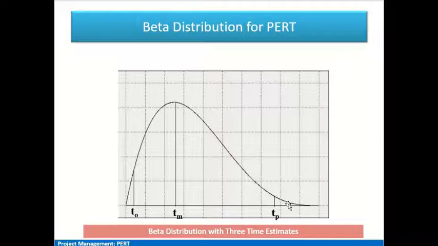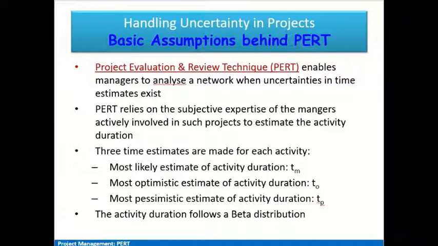Well, the choice of beta distribution seems reasonable because unique and large scale projects may have occasionally large activity durations due to uncertainty. So for incorporating this large activity duration due to uncertainty in large projects, we take this as an appropriate distribution for the PERT technique.